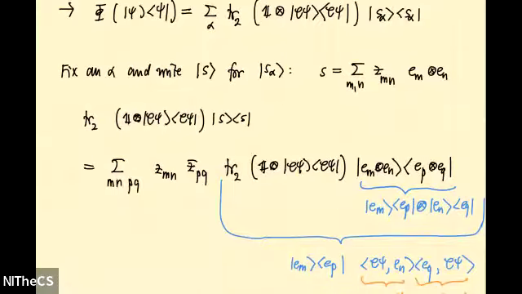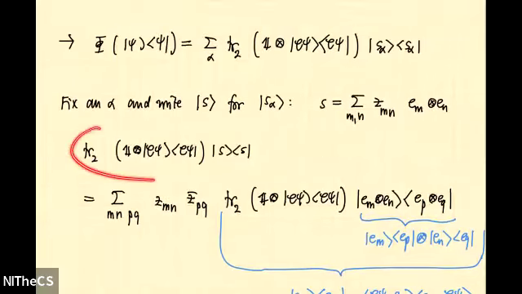So the S alpha, let's now fix one alpha for a moment and not write it. Each of the S's is then a vector in this amplified Hilbert space, H of the system tensor C^n. Since this is a basis, this can be written with coordinates z_{m,n} in this basis. If I want to figure out the structure of this partial trace, I replace this for S and this for S. I get two double sums, one with m and n, and for this guy, p and q.